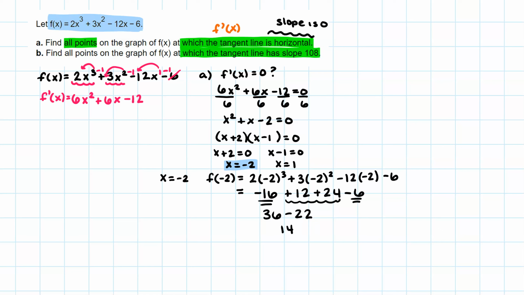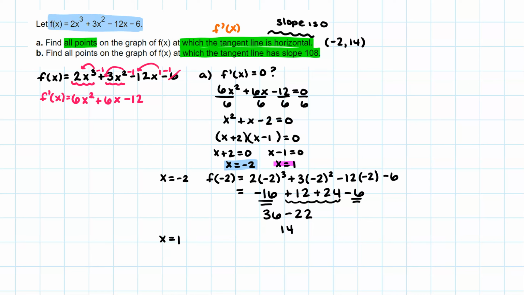So the location on the actual graph of f of x is -2, 14. But we also had x equals 1, so we're going to have to plug that guy in too.